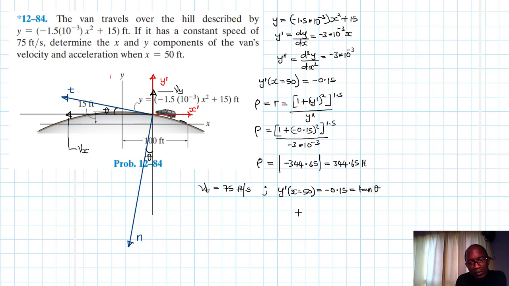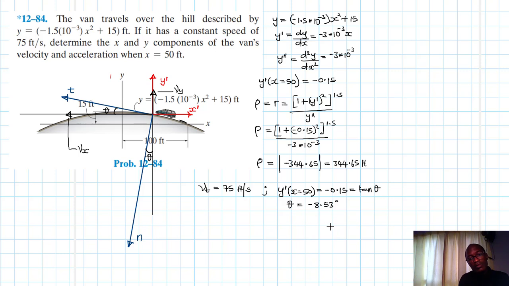Therefore theta is just going to be equal to tan inverse of minus 0.15, which gives us minus 8.53 degrees.